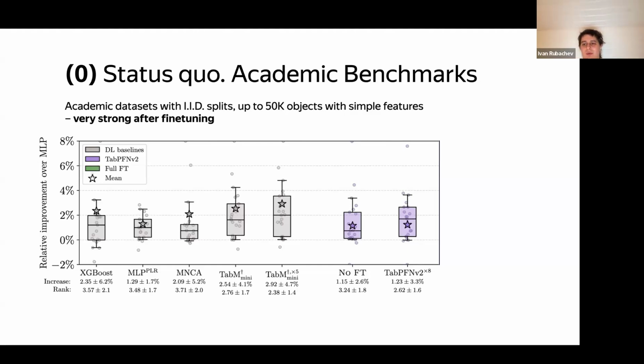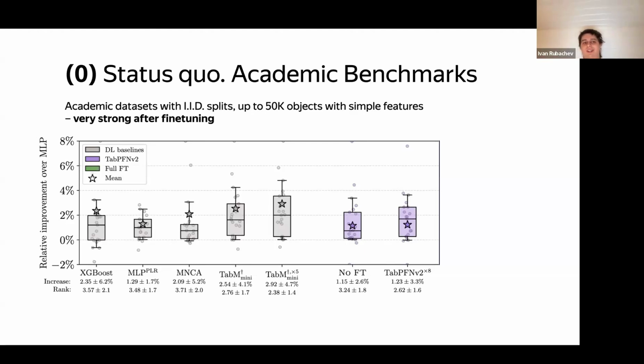So it was our initial interest to compare to strong deep learning baselines, which are actually stronger than classic machine learning such as XGBoost. And we also tried to push the limits in terms of number of samples and the sizes of datasets. What we can see here is the plot that shows an average improvement over the MLP model baseline.